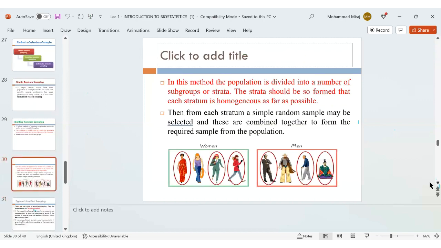So, like I told you, if I have to collect a sample from a hospital which has got 1,000 employees, and I have to draw my 100 patients, so depending on how much each strata is representing their percentage in the population, I can choose people from there in the same way. Okay, so that's why you can see over here there are a sample of female who are wearing the culture Indian dress.